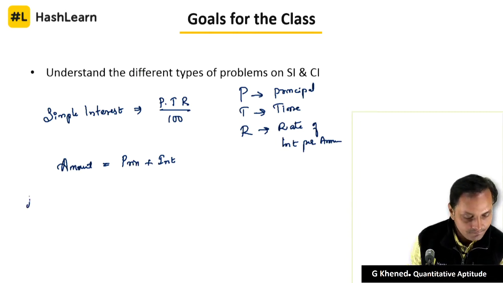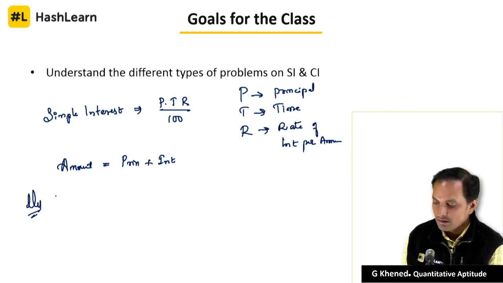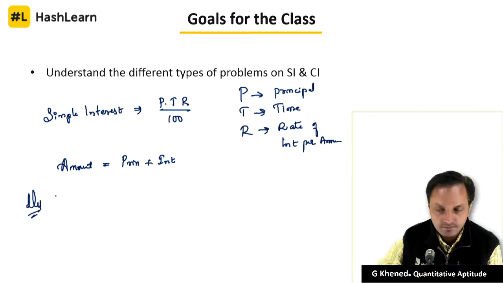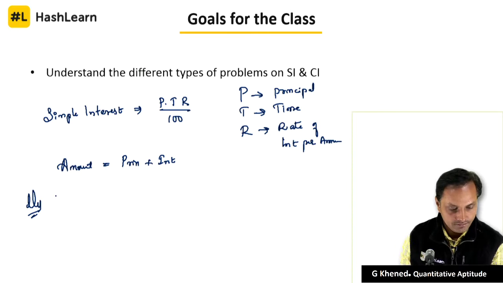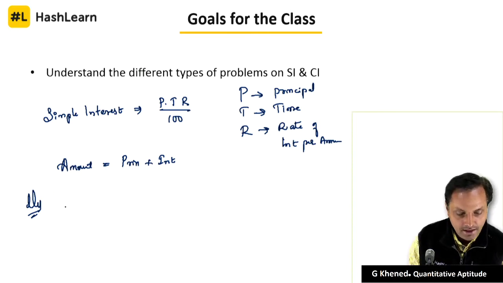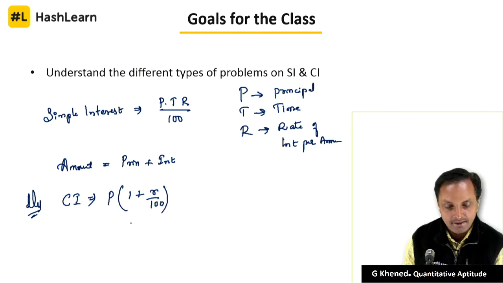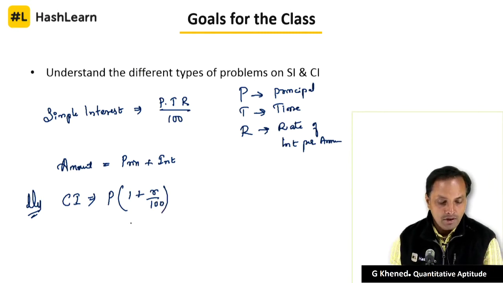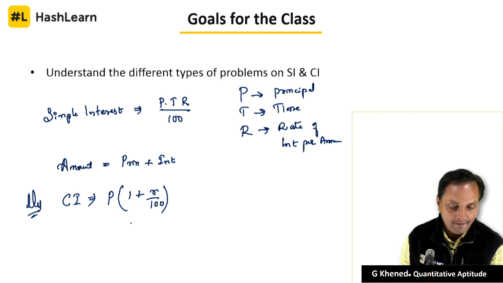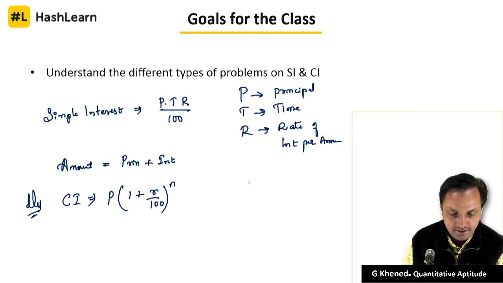Similarly, your compound interest is P into 1 plus R by 100, the whole to the power n.